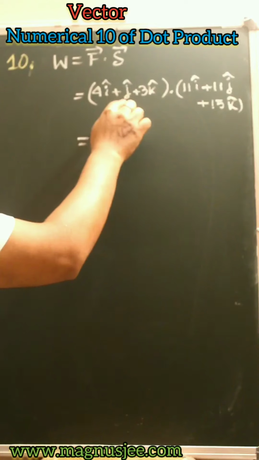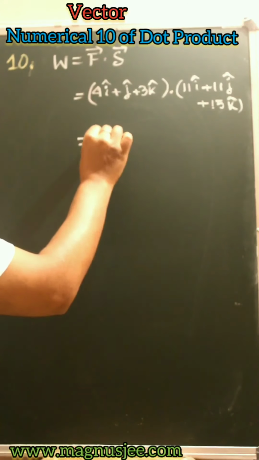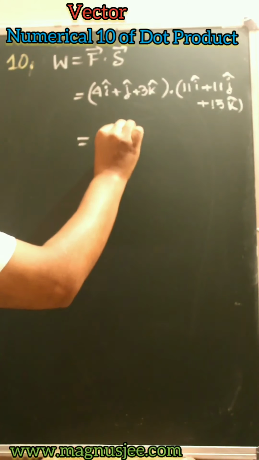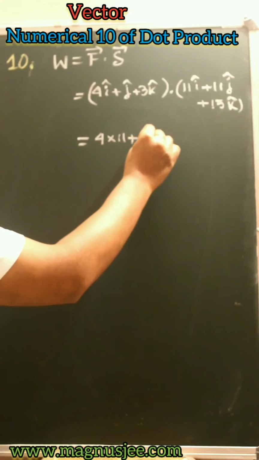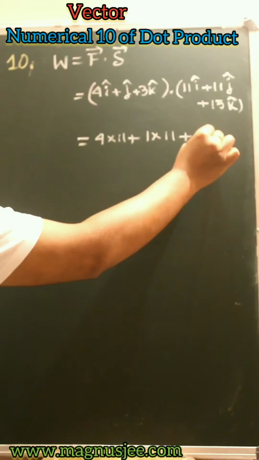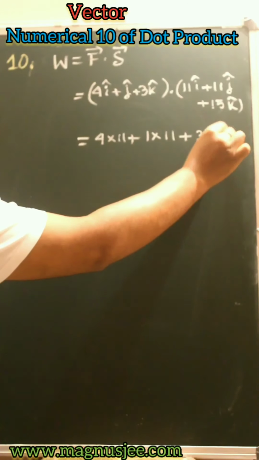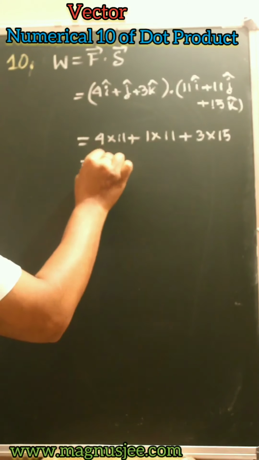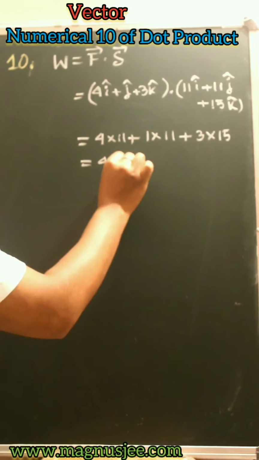Now we can multiply the rectangular components of i cap and i cap, j cap and j cap, and k cap and k cap. 4 into 11 plus 1 into 11 plus 3 into 15, that is 44 plus 11 plus 45.